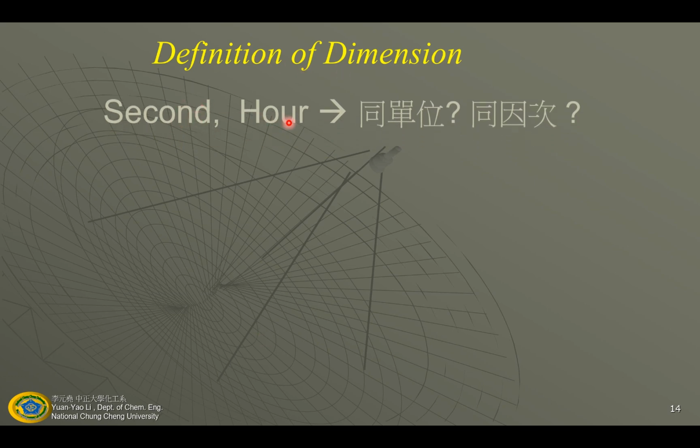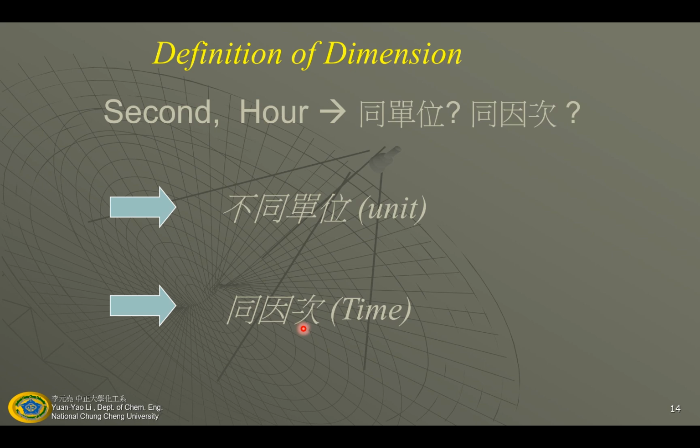How about second and hour? Are they the same unit or same dimension? Okay, this is dimension of time, right? Second and hour are dimension of time, but different units, right? Because second is 1 unit, hour is 1 unit. So they are different units, but they are the same dimension.